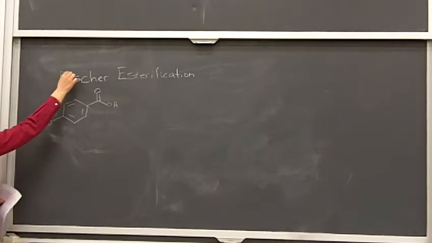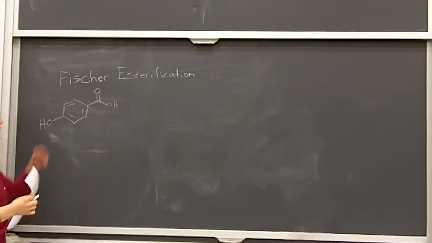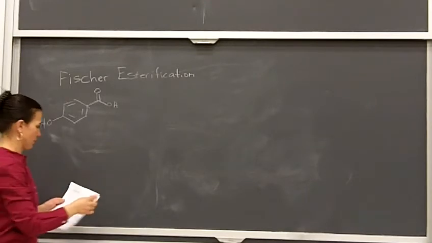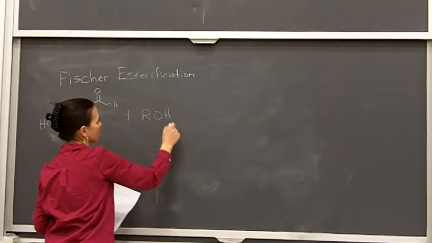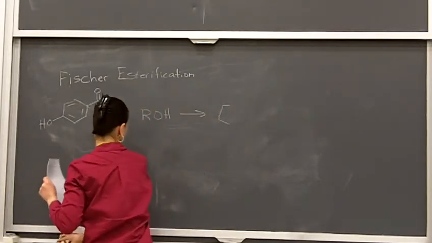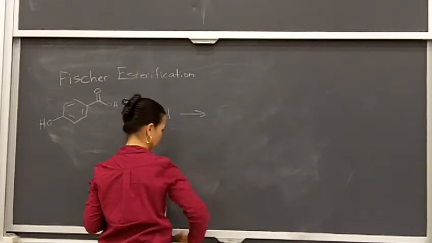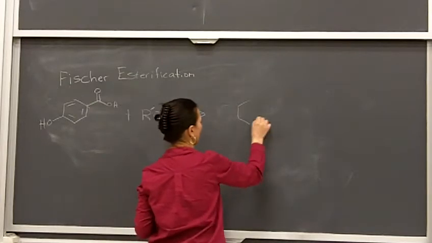And this is Fischer, a person's name Fischer, so keep that in mind. We capitalize our Fischer, okay? So we react with an alcohol, and we go on to get, I'll give ours is designated as R prime here.